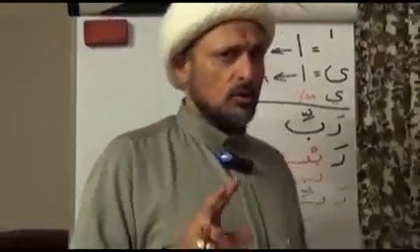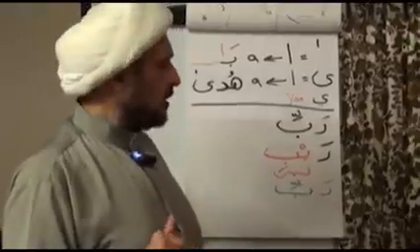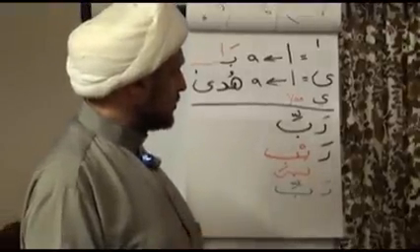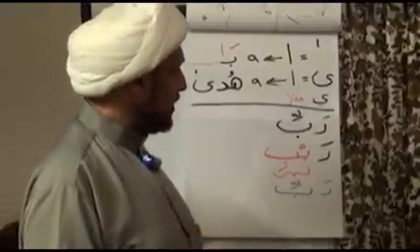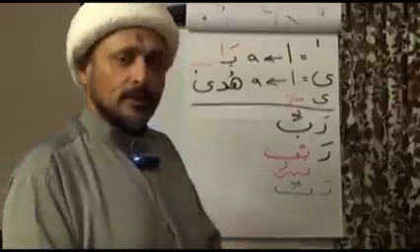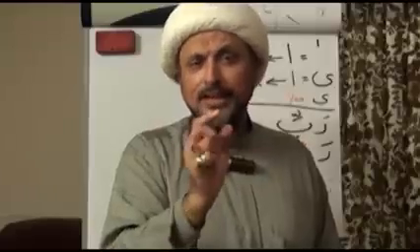One more sign, actually two signs. If I don't have time, I'll keep the other sign for our next session. One more sign, the nunation, the noon sound, N sound. Whenever the vowel signs are two on the letter, that means there is a silent noon, noon with a sukoon.